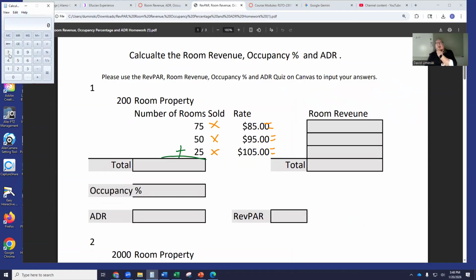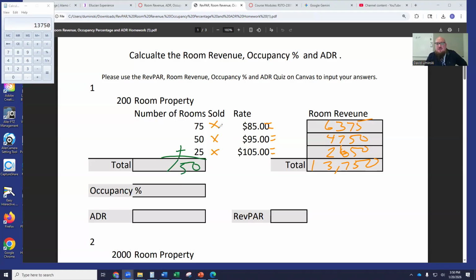All right, so here we go. 75 rooms times $85 gives us 6,375. So I'm going to pause the recording while I do the rest of them, and then I will come back. All right, so I've done all the math.